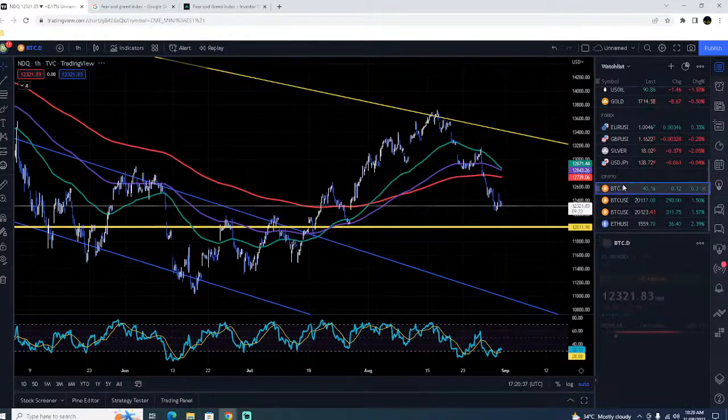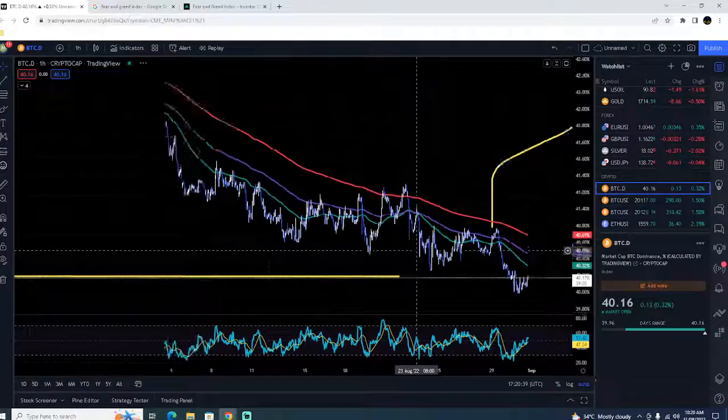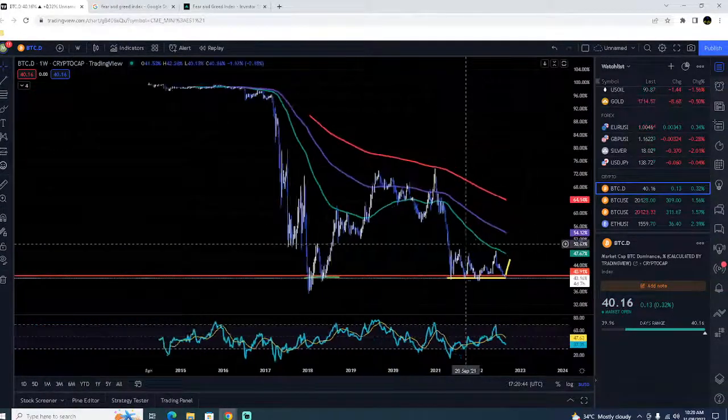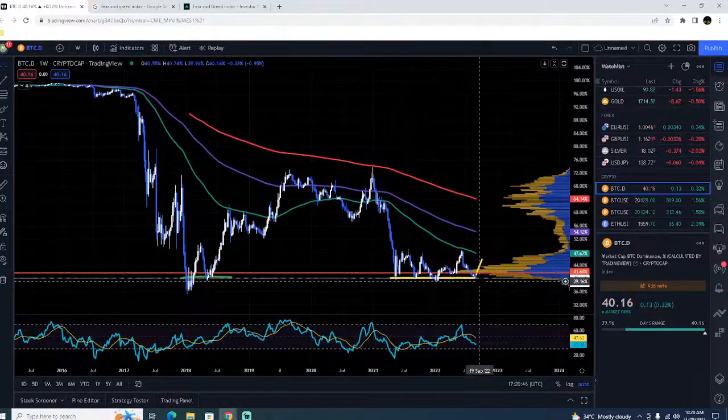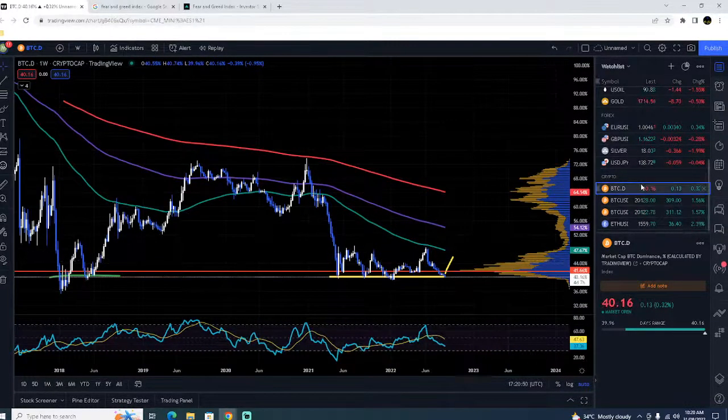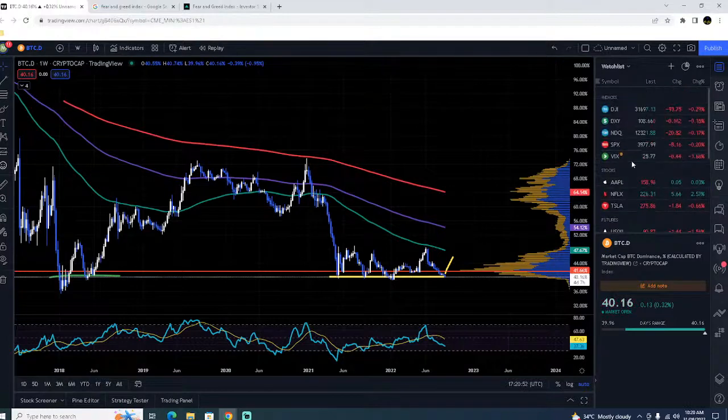Let's go to the Bitcoin dominance also. Similar story in the dominance, nothing much happening. Of course, this is a very important support area on the weekly. Any pump from here will not be good for the altcoins. So keep an eye on this.